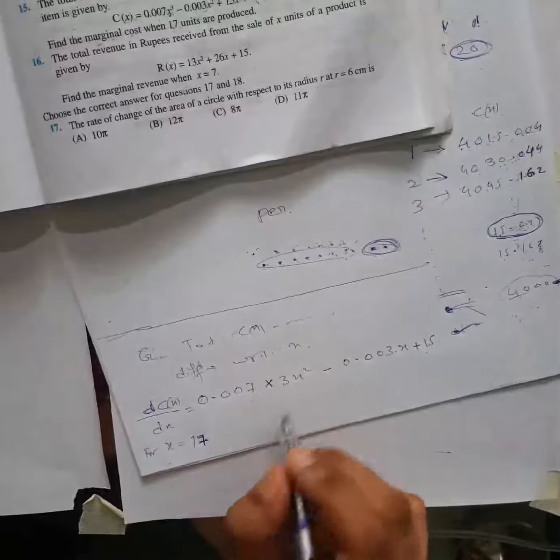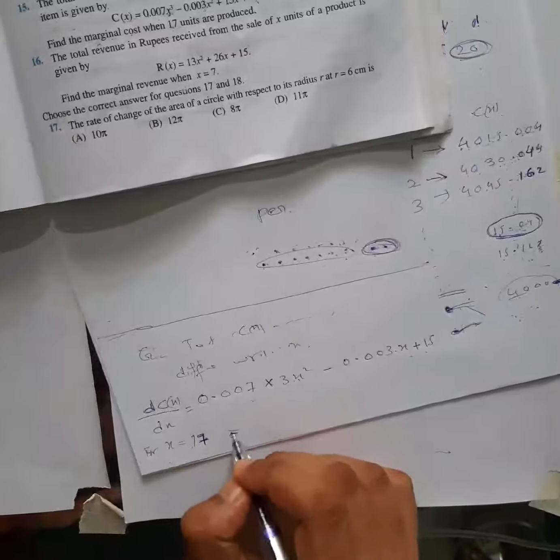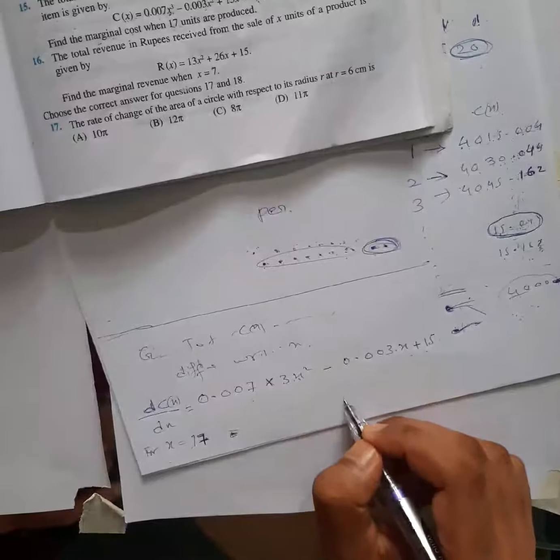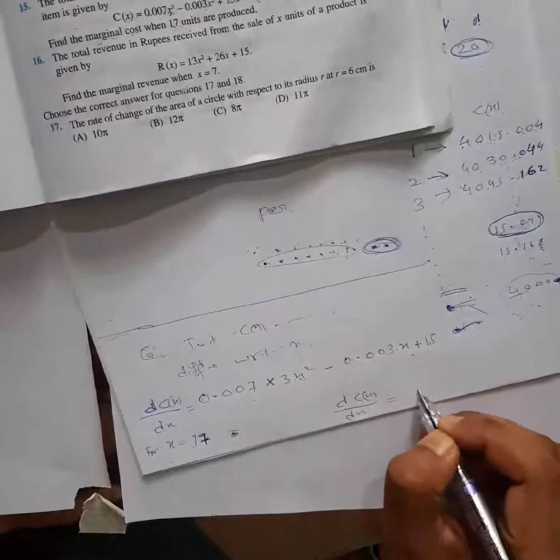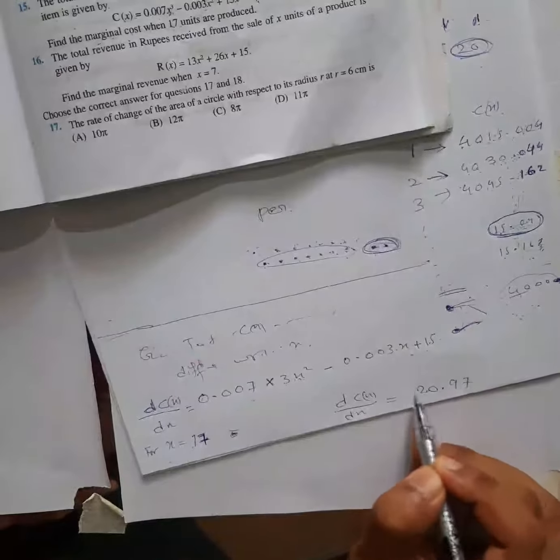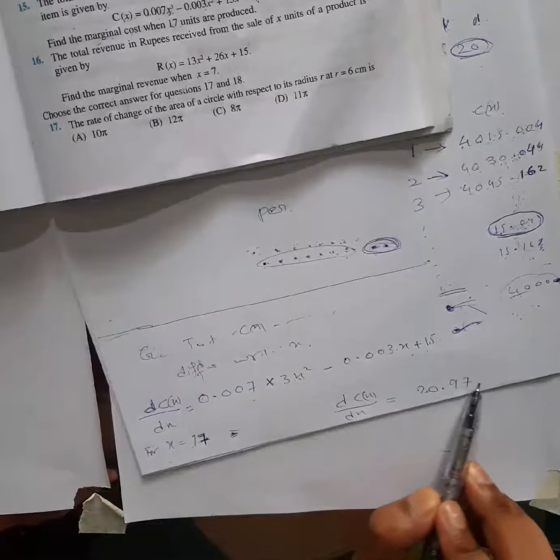So from here put x as 17 here and try to solve. If you put 17 here, you will get dC(x) by dx equal to how much, 20 point something. Let me check. Okay, 20.97. So this will be your marginal cost, meaning for 17 units this is the rate of change.